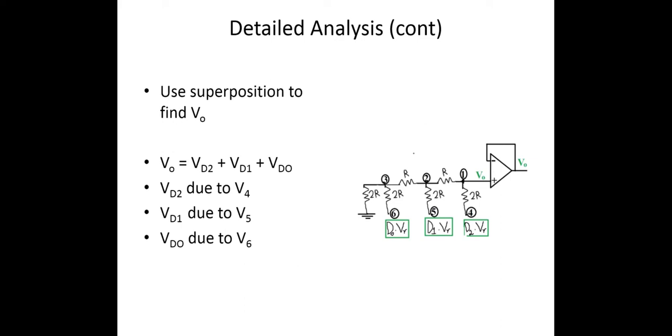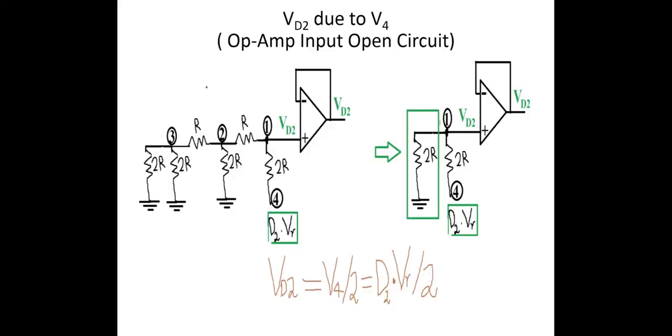So let's proceed to do the analysis. So first we start with V4, which corresponds to bit D2. So all the other voltages have been replaced by ground.